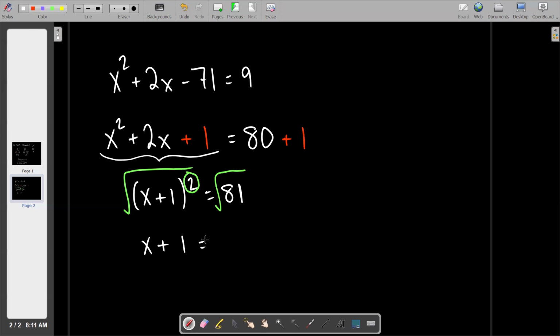Usually, I would say the most common error that I see with completing the square is people say, oh, the square root of 81 is 9, which it is. But if you've ever seen anything like this before, you know that in a case like this, the square root of 81 has 2 answers. It's not just 9. What's another number that is the square root of 81? Correct.